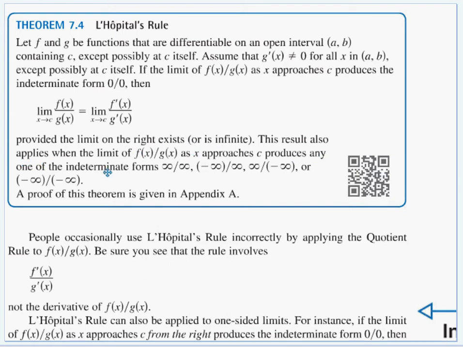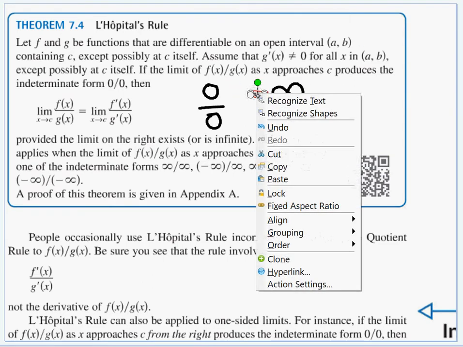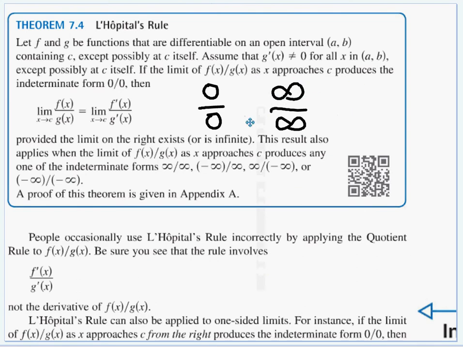This result also applies when the limit of f of x over g of x as x approaches c produces any of these indeterminate forms. So 0 divided by 0 is a biggie, and also infinity over infinity. Now, this also works for negatives.